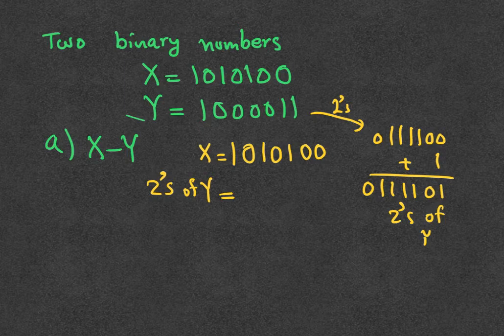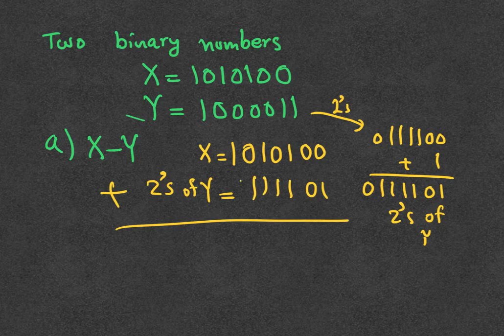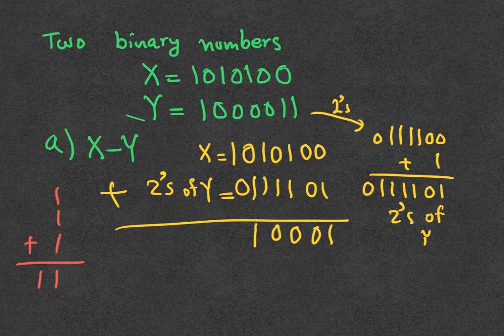So that's the 2's complement of y. You just add it now to this, and you get 1 0 1 1 1 1 and then 0. So the answer is 1 0 0 0, and then you get 0 again, and then you get 0. Okay, 1000, and then you have one carry at the end.